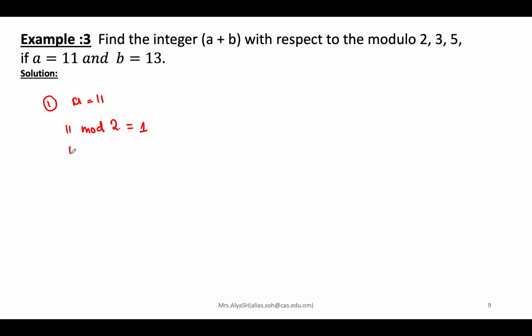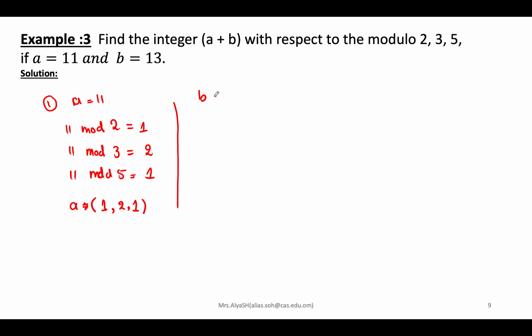Then we got 11 mod 3 equals 2, and 11 mod 5 equals 1. Now the modular representation for a, where a here is 11, we got that 1, 2, 1.